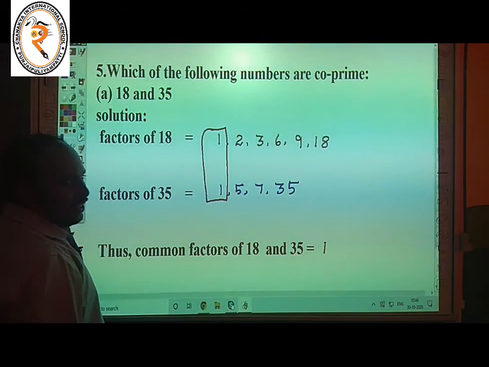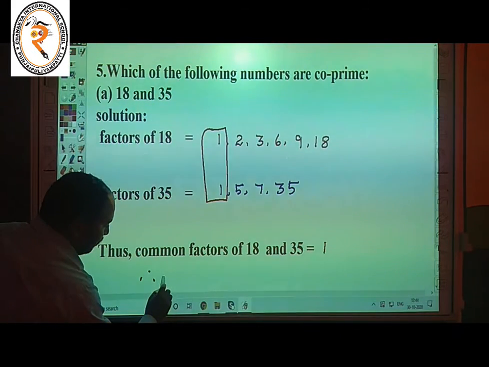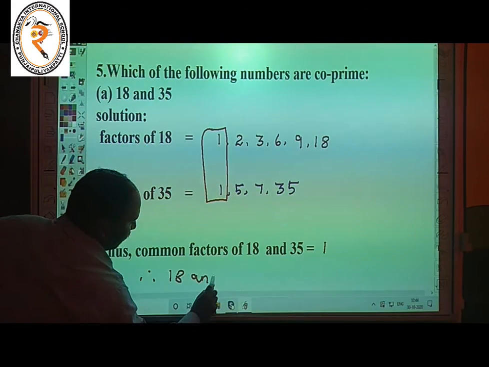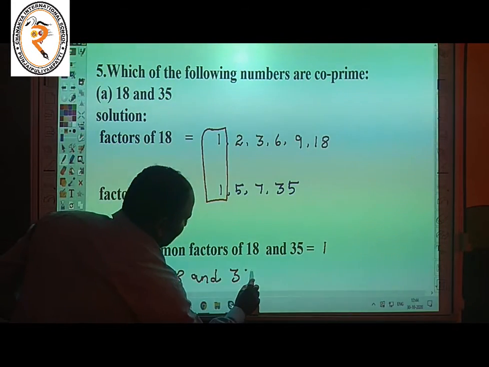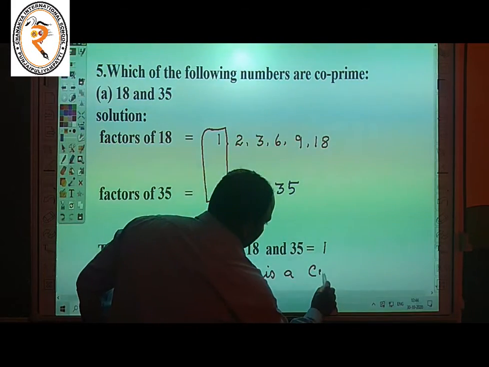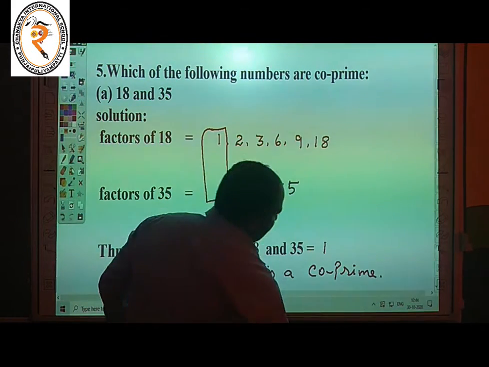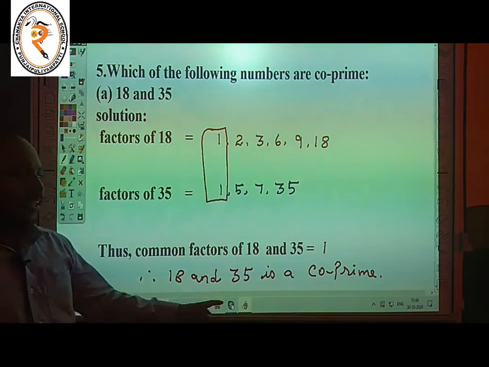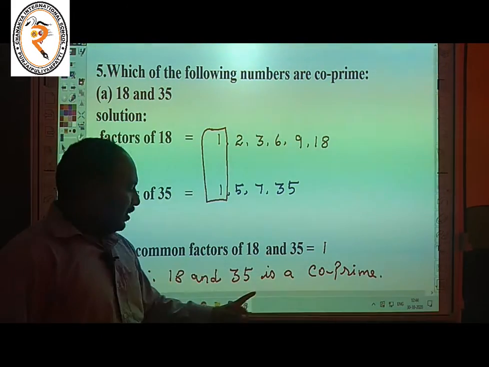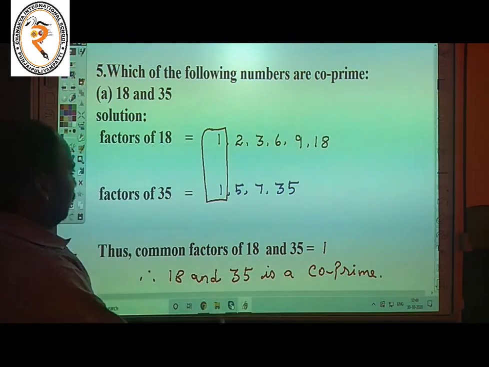Therefore, our solution is that the given numbers 18 and 35 are co-prime, because we have only one common factor, that is 1. We have no common factor other than 1.